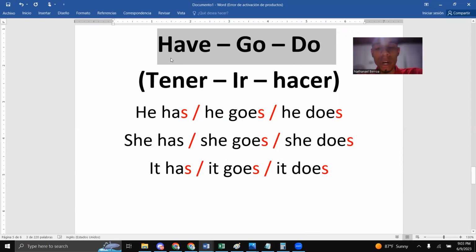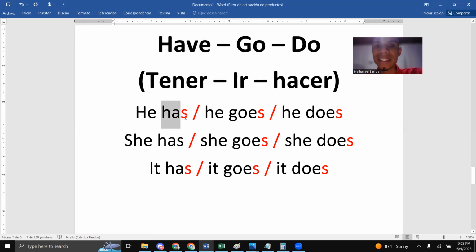This verb always changes when we use them in third person. For example, have. Have in third person is has. O sea, el verbo have en tercera persona termina cambiándose a has.